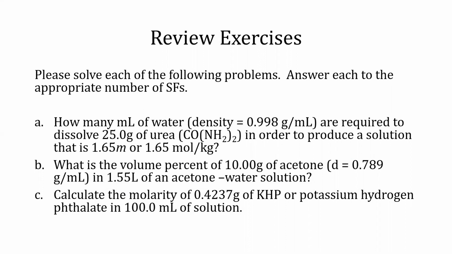B. What is the volume percent of 10.0 g of acetone in 1.55 L of an acetone water solution? C. Calculate the molarity of 0.4237 g of KHP, or potassium hydrogen phthalate, in 100.0 mL of solution.